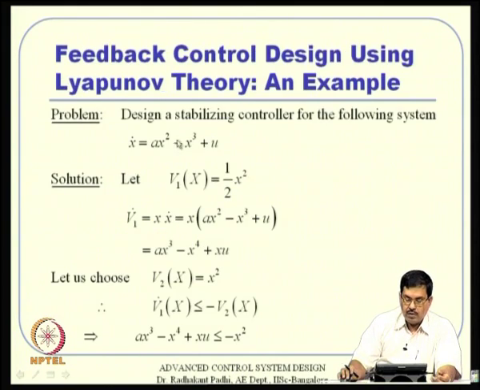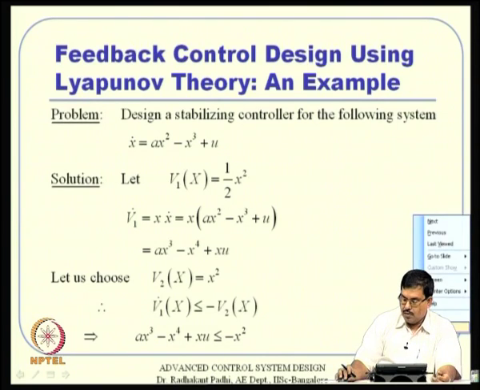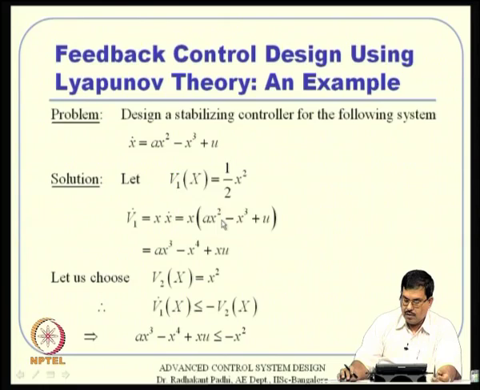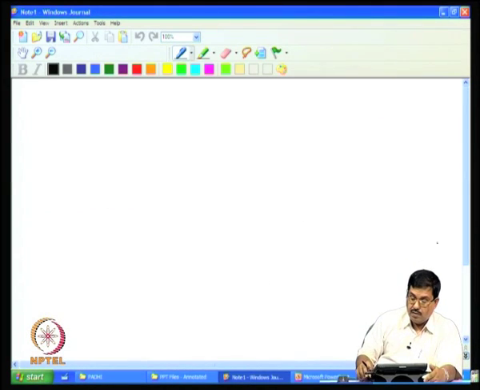Okay, if you go back to this, negative x cube, x dot is minus x cube is actually a stabilizing term, that is easy to see. For example, any odd power of a scalar function, if I take any odd power of x, is a stabilizing thing with a negative sign.